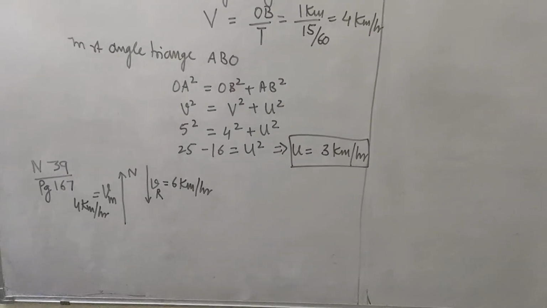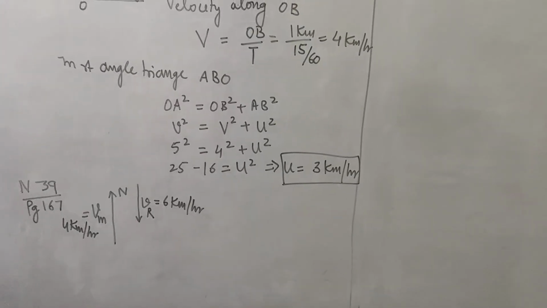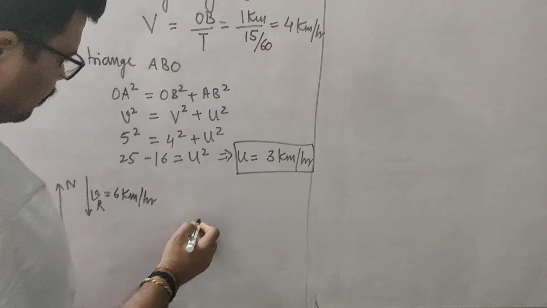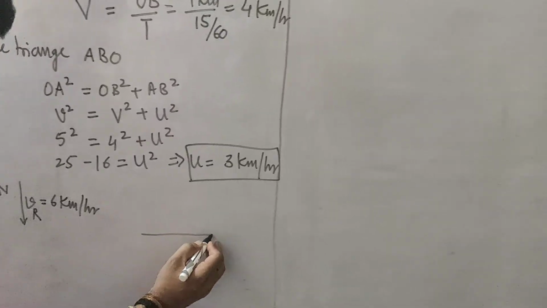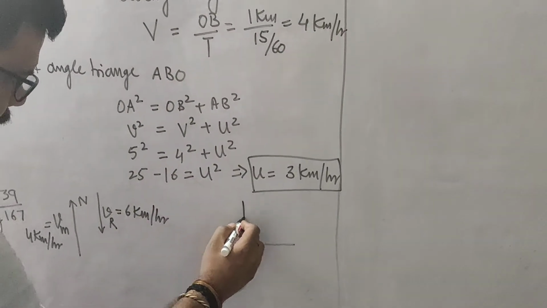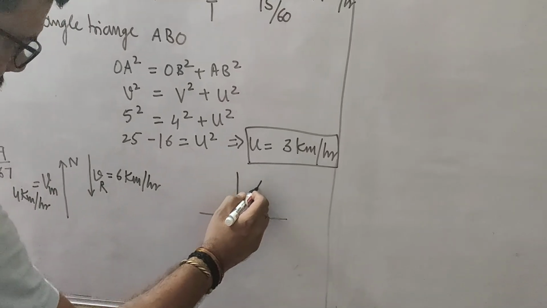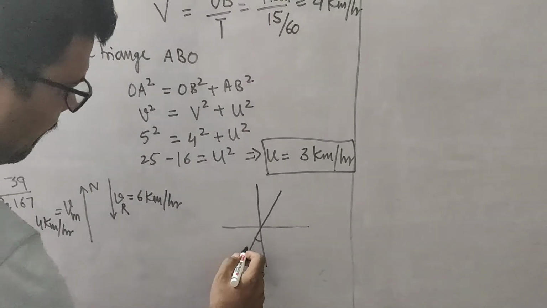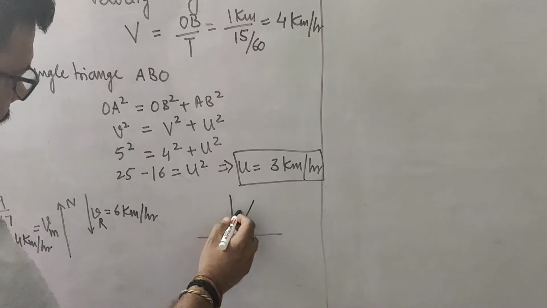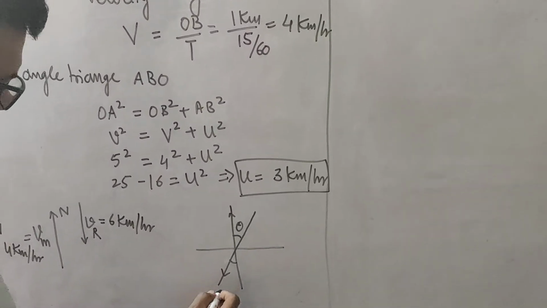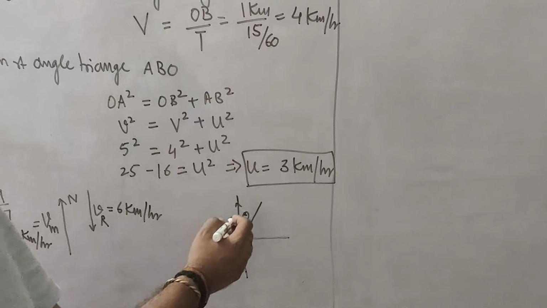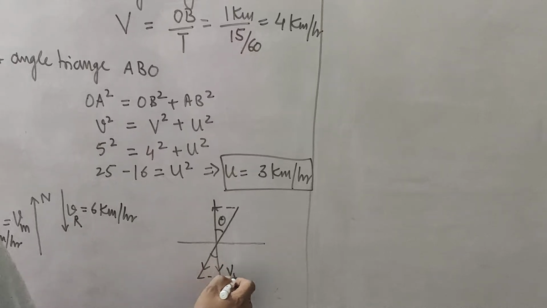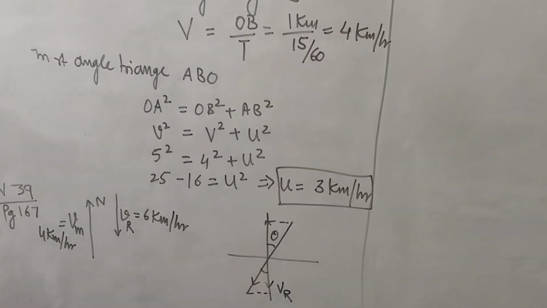Since both are moving, they will form an angle. This is the velocity of rain, 6 km per hour.